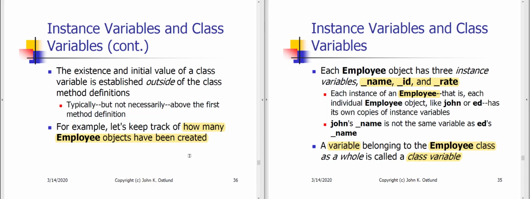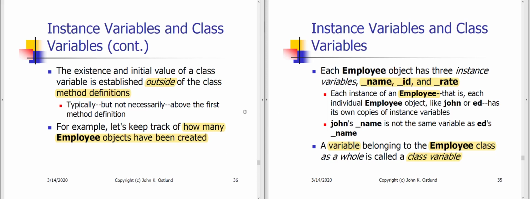But it is useful for the employee class as a whole to know how many employee objects have ever been created. And we could also keep track of how many employee objects have been destroyed, that is fired from our company or whatever. In order to set up this class variable, we define it outside of any of the method definitions.